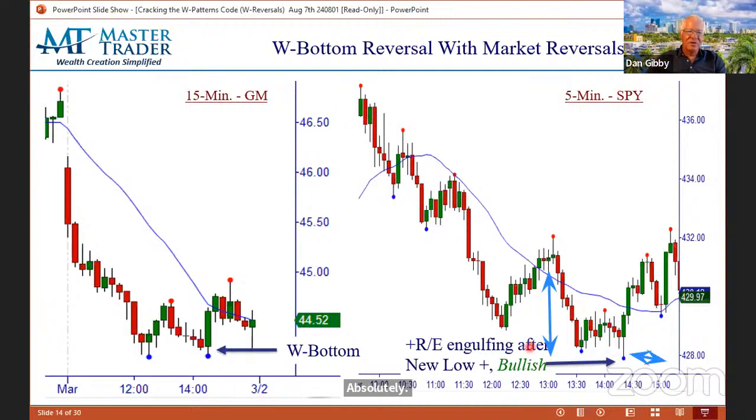But I'm showing you the double bottom on 15-minute General Motors at the 2 p.m. to 2:30 reversal period. Momentum moved down, went up. I'm waiting for my retest, which I may never get, right? Because it's in a downtrend.